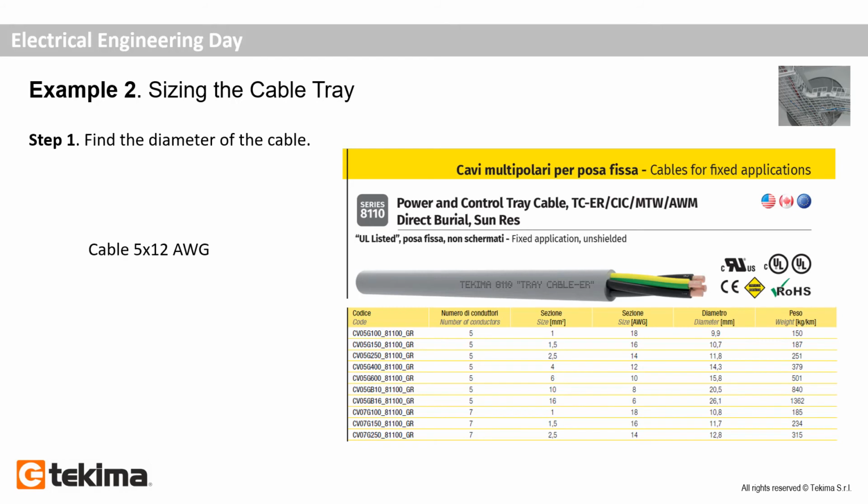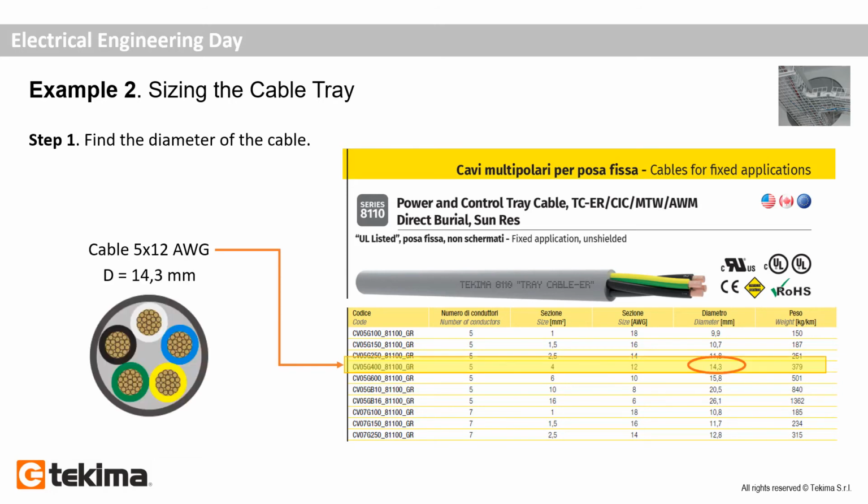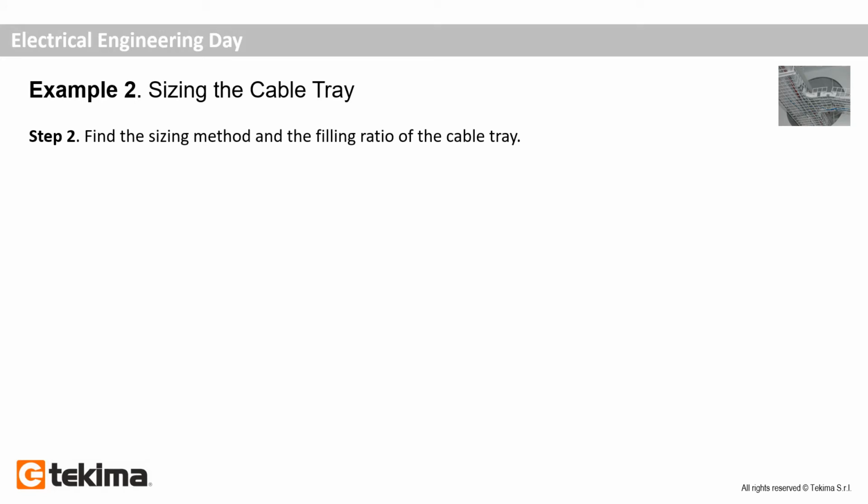As a first step, we have to find the external diameter as in the example before, which is again 14.3 millimeter. As a second step, we have to find the sizing method of the cable tray. And this process is completely different with respect to the raceway.